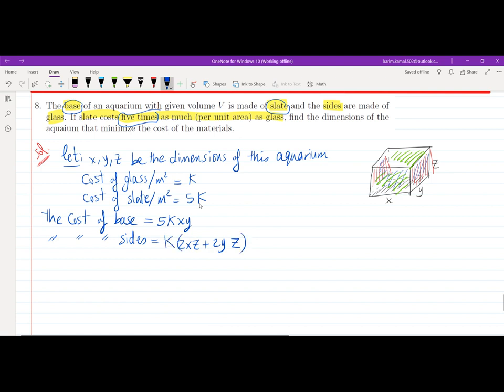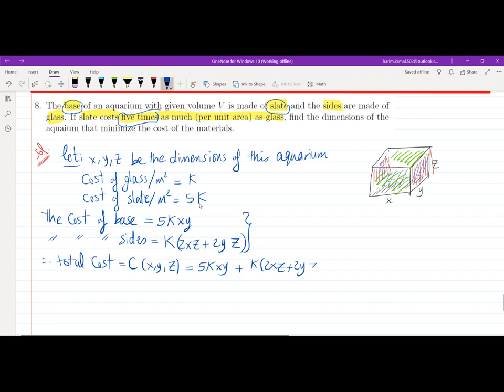Then the total cost, which is a function of x, y, and z, will be the addition of both costs. So it will be 5Kxy plus K times (2xz plus 2yz).